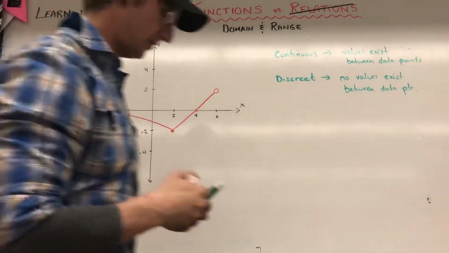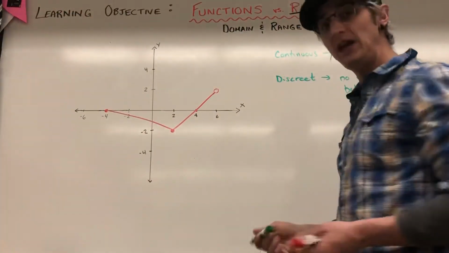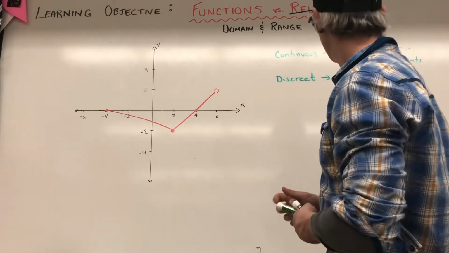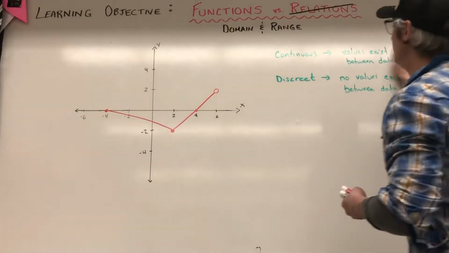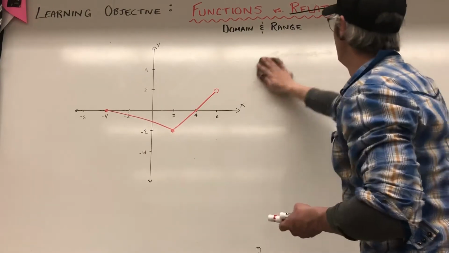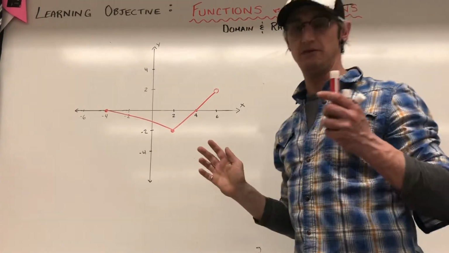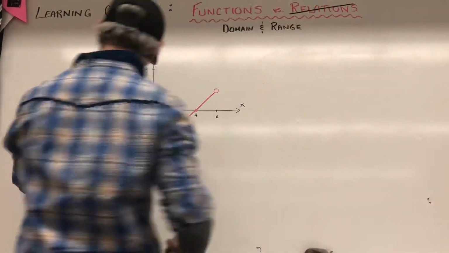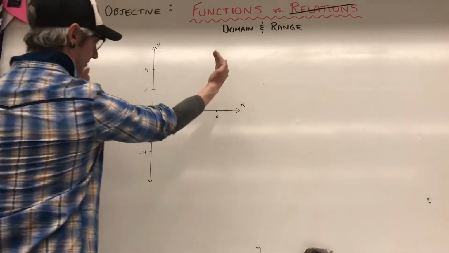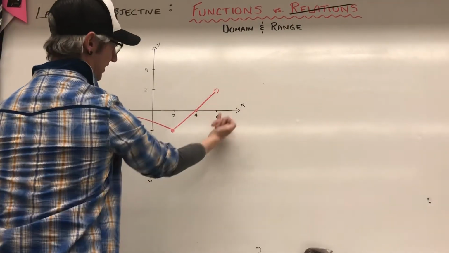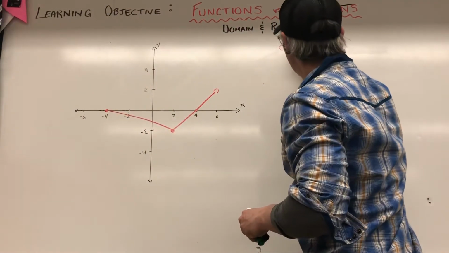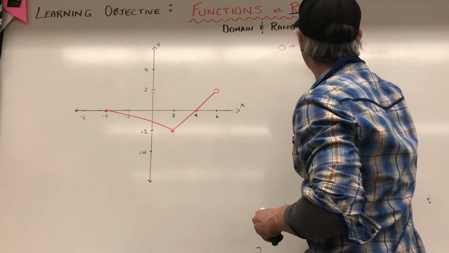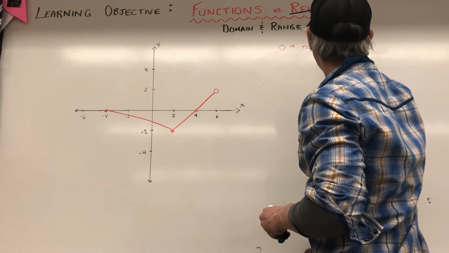Okay, so we know that domain is my x, the values of x within which my function exists. So my function exists in between -4 and 6. Now, when a dot is empty like this, it means not including that number.